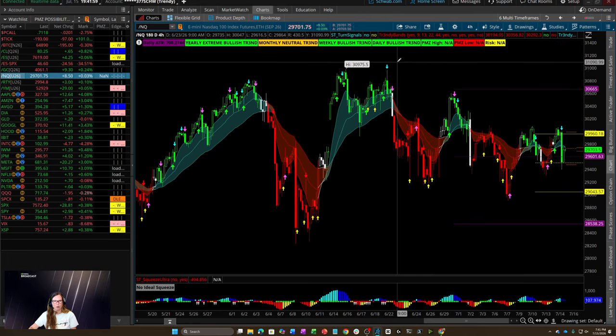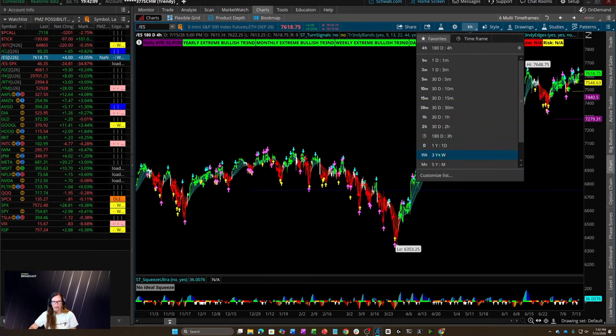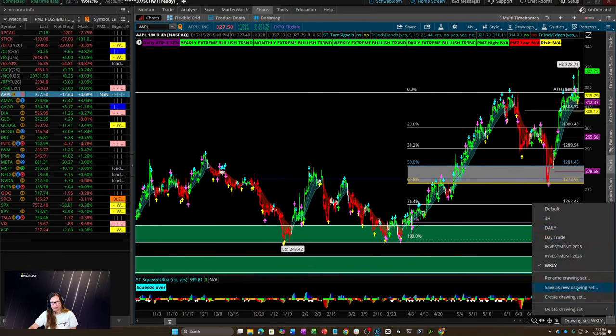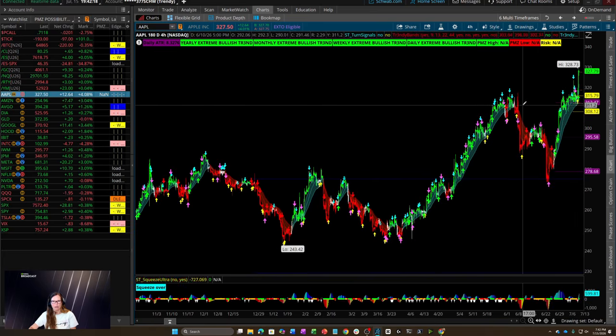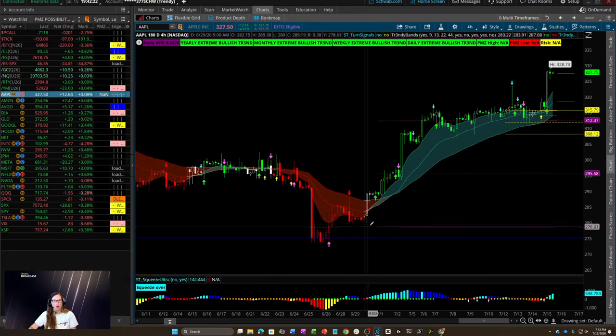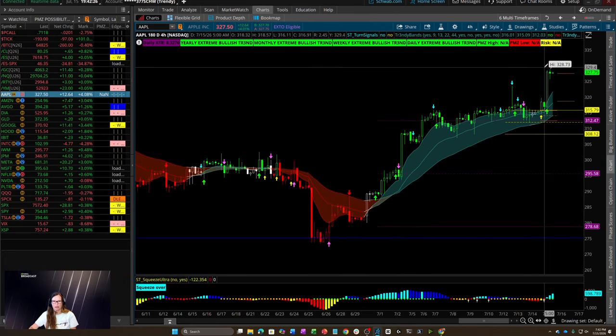All right. So, to recap, when price is in a clear uptrend, and there's no doubt about it, let's look at Apple actually, because I know this thing is without a doubt in a clear uptrend. Okay. There's no question what kind of trend Apple is in.